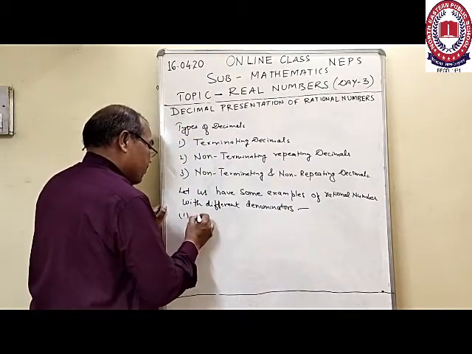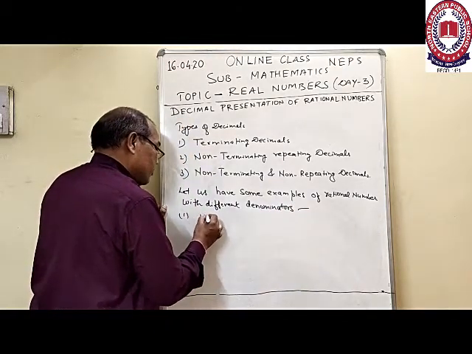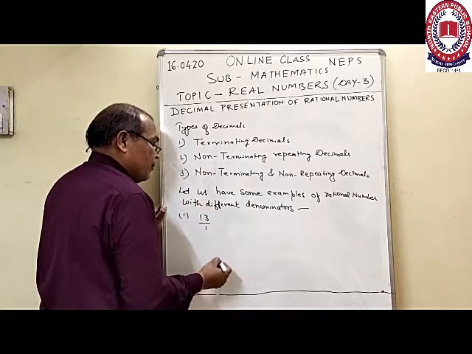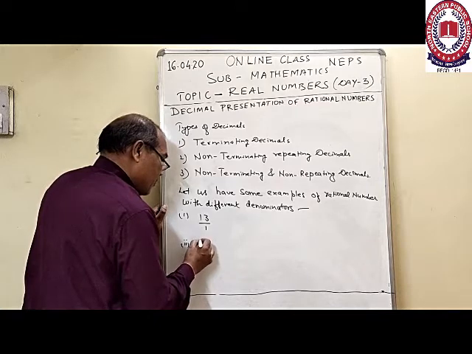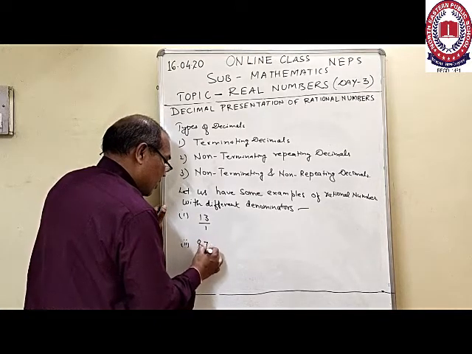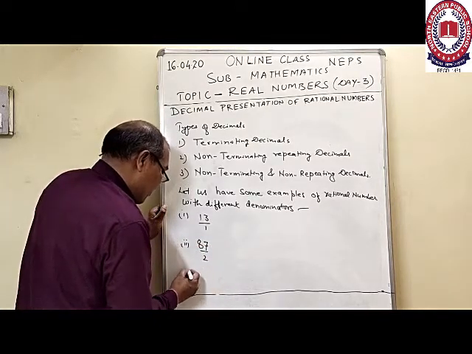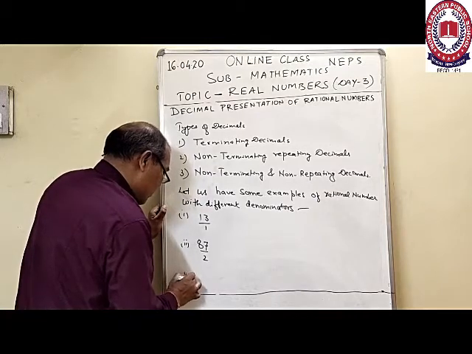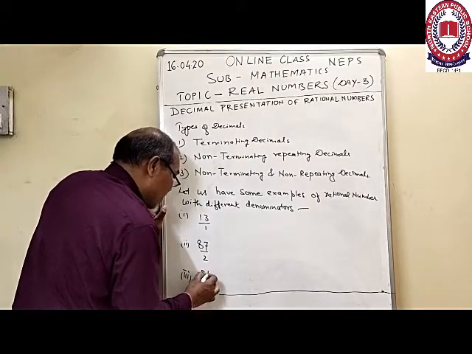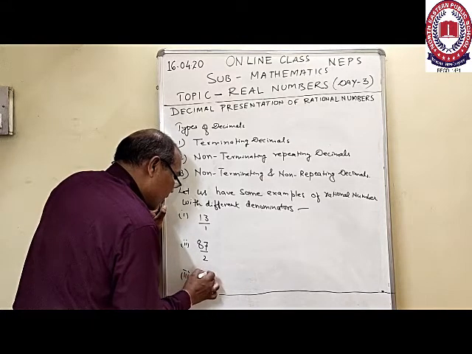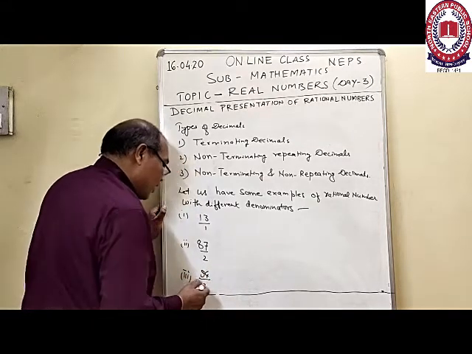First one, 13/1. Second, 87/2. Third, 94/3.